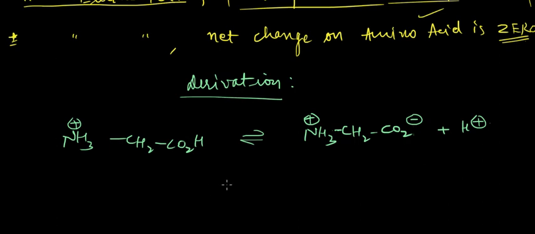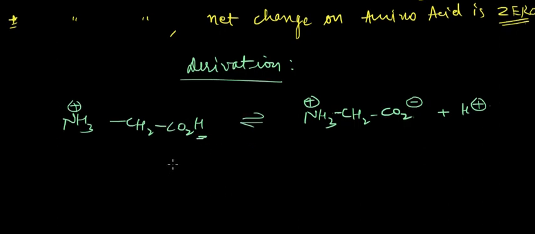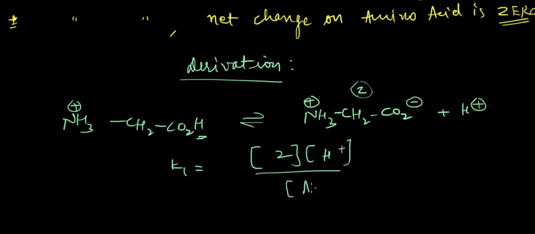The K1 for this reaction would be, calling the zwitterion Z, concentration of Z times H plus divided by the concentration of the cation.